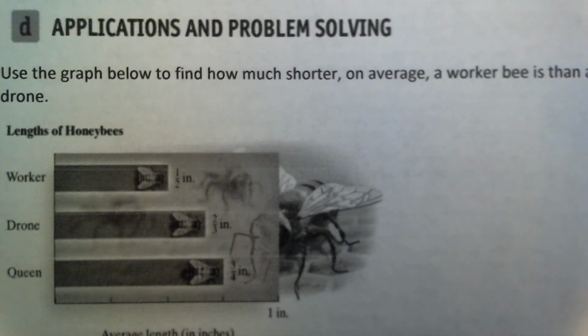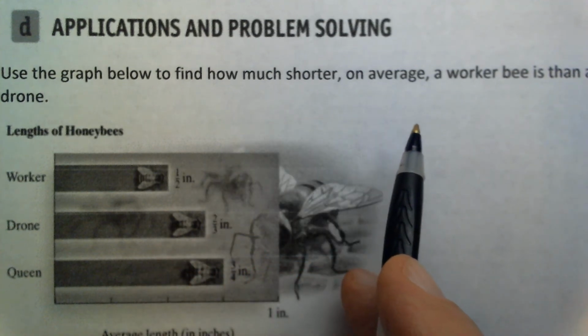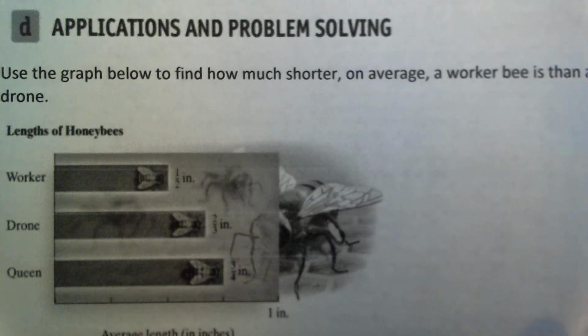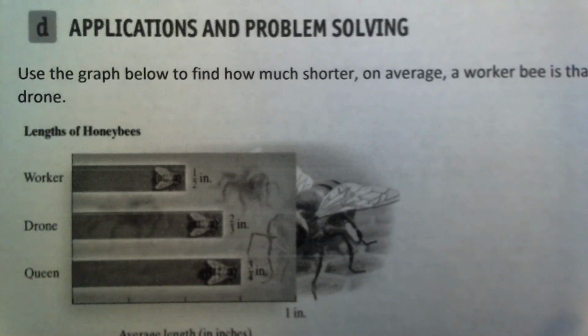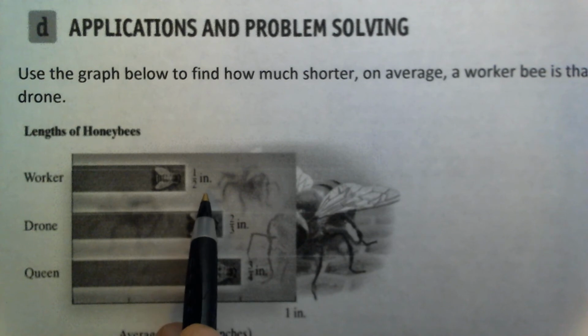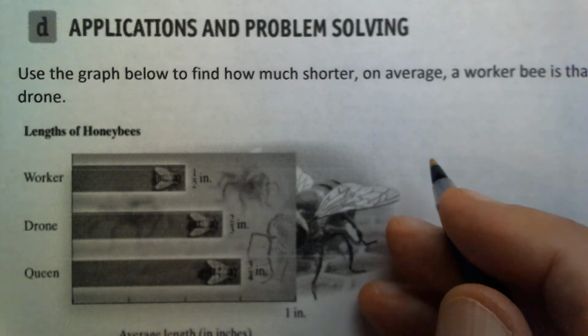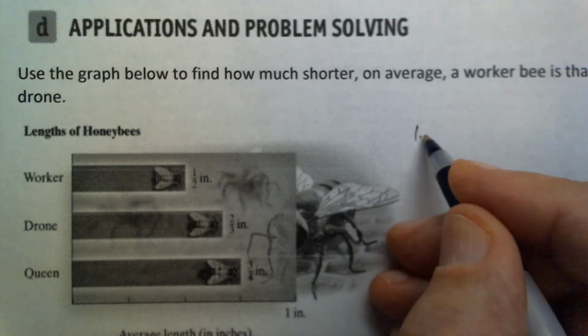As an application and for problem solving, let's use a graph below to find how much shorter on average a worker bee is than a drone. So here are the lengths of honeybees. A worker is 1/2 inch long. So let's do step 1, familiarize.